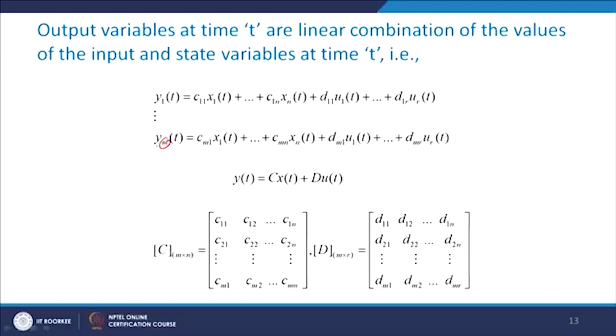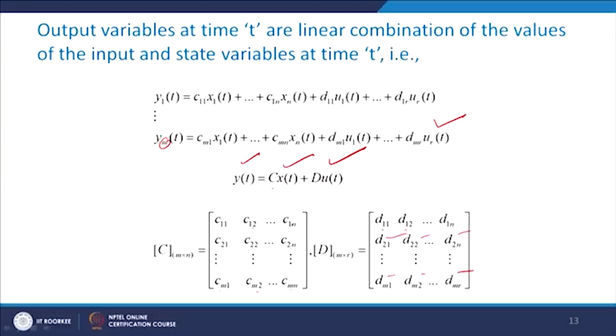So ym of t equals cm1 x1 of t, up to cmn xn of t, dm1 u1 of t, up to dmr ur of t. That is, y of t equals C x of t plus D u of t, and the coefficients are c11, c12, c1n up to cm1, cm2, cmn, then d11, d12, d1r, d21, d22, d2r, dm1, dm2, dmr. So here y equals Cx plus Du.